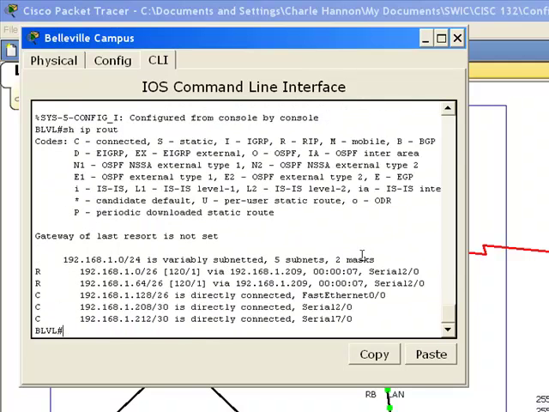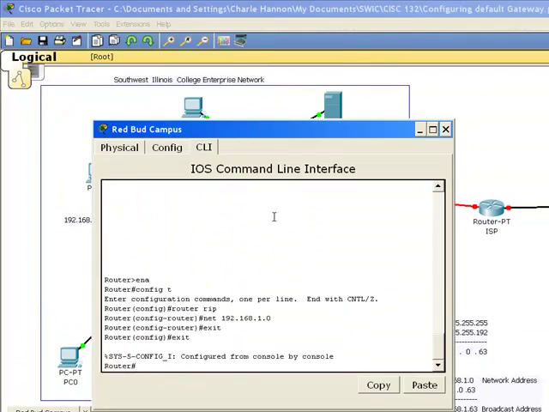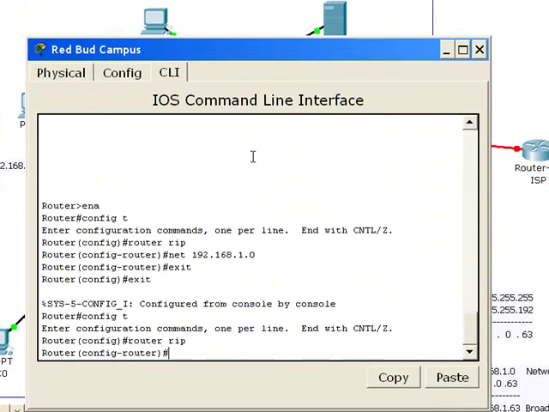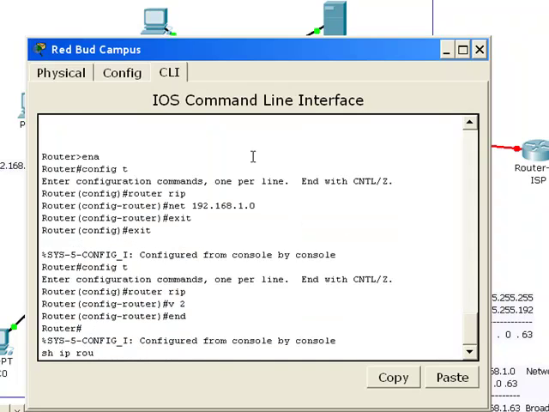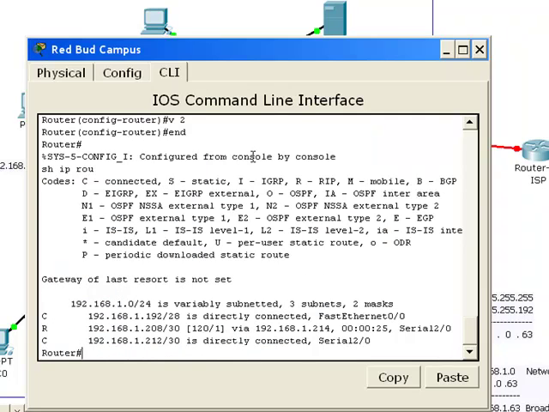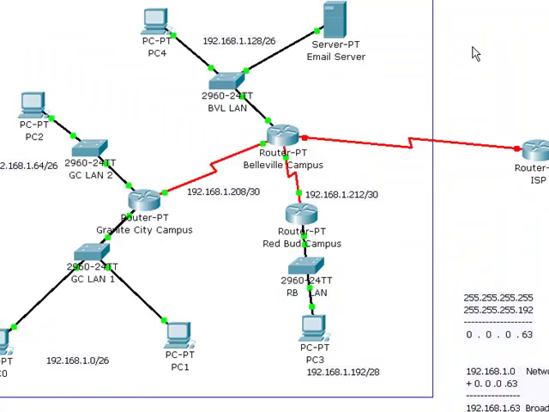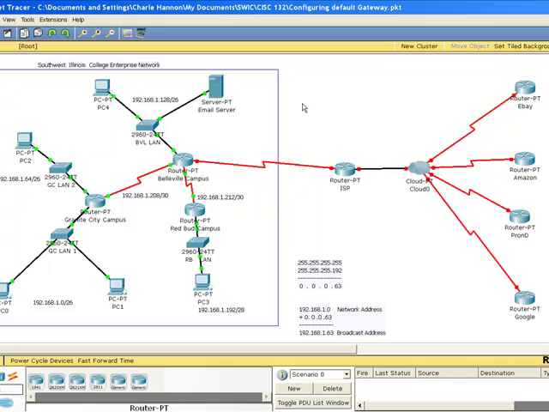Now if I do a show ip route, now I'm starting to pick up some of those RIP updates. And here we go. So now we can ping all the way across the network. And the reason RIP version 1 didn't work is because we didn't send the subnet mask. And remember, RIP version 1 is classful, RIP version 2 is classless.